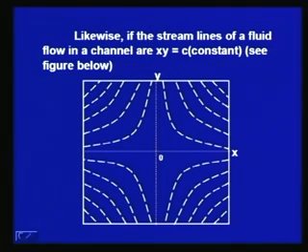Let us consider another example. Let us consider the streamlines of a fluid flow in a channel. Suppose they are given by xy = c, a constant. We know that xy = c gives us a family of rectangular hyperbolas. So in this figure we have drawn this family of rectangular hyperbolas.